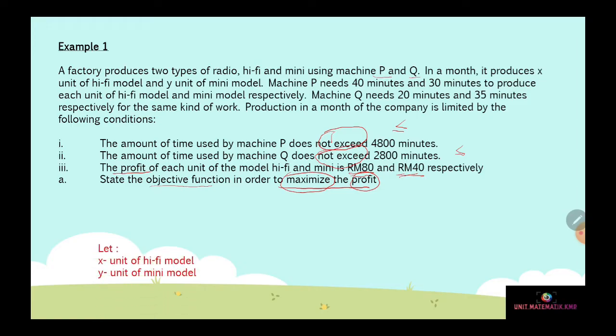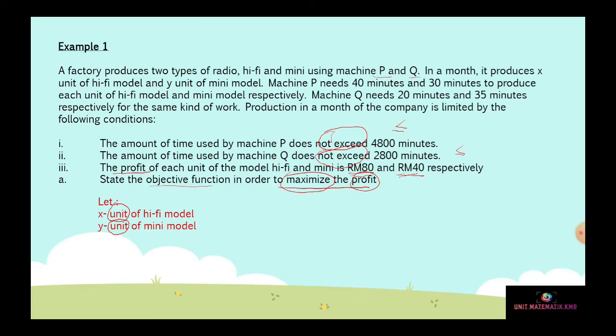The first step is we need to define what is the variable X and what is the variable Y. X is the units of hi-fi models and Y is the units of mini models. Usually when we define the variable, we need to state its units, either kg or hectare or acre.